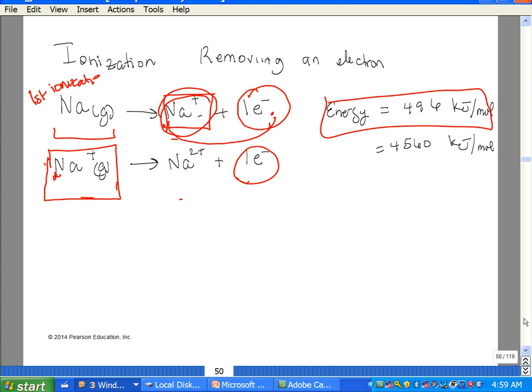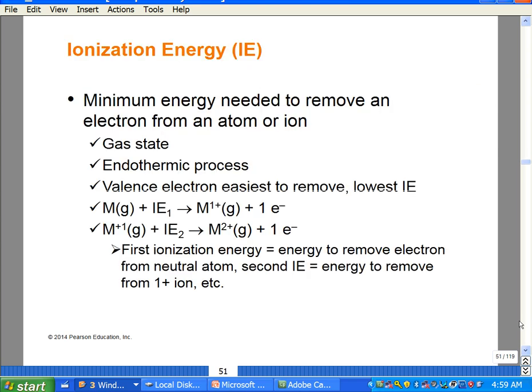All right. There's a slide here that summarizes all of that. It tells us the minimum energy required to remove an electron from an atom or an ion. We have to put energy in, which is what I just said, which means it's an endothermic process.